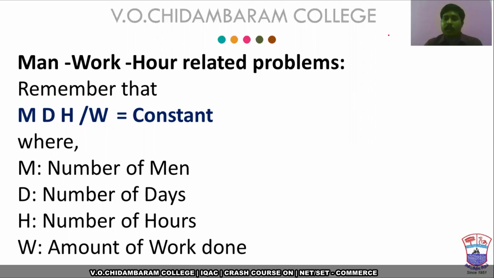And M2 will be the number of men for work 2, D2 the number of days counted for work 2, H2 the number of hours needed to finish work 2, and W2 the amount of work done. Therefore, MDH by W is equal to a constant.